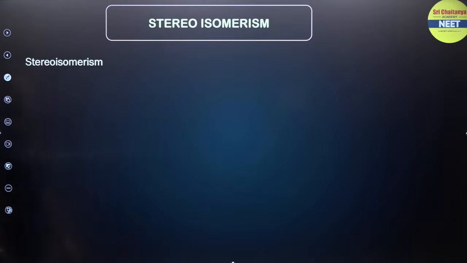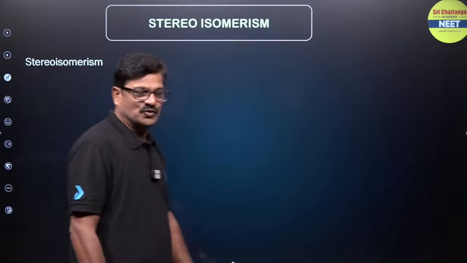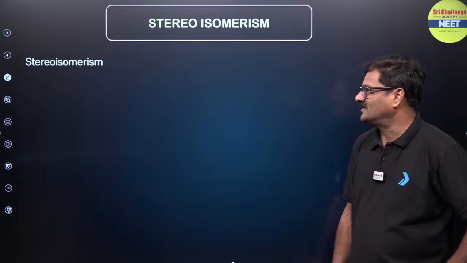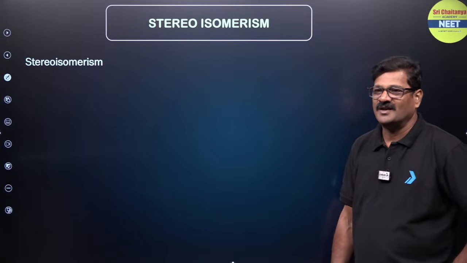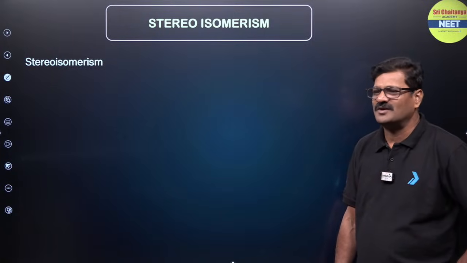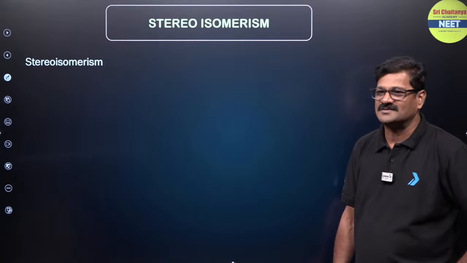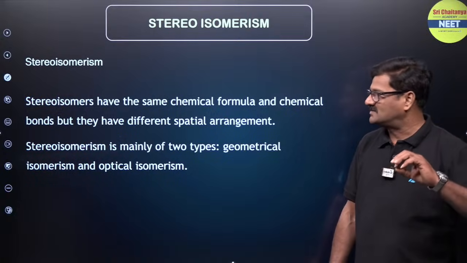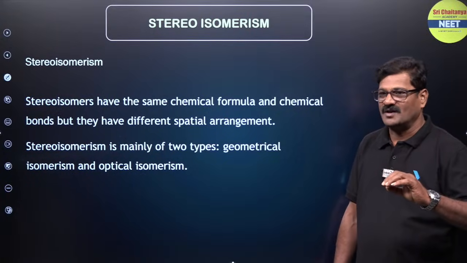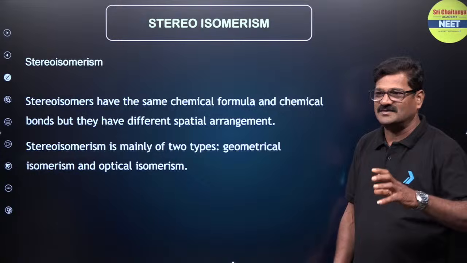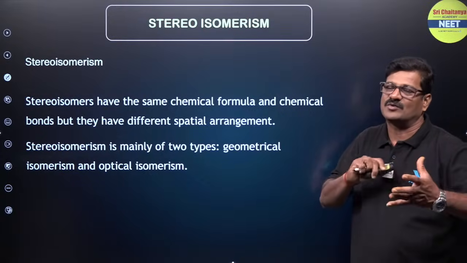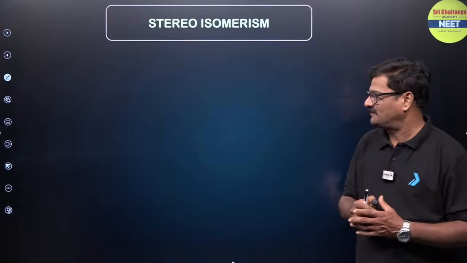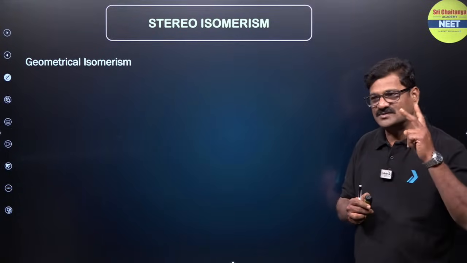Now moving ahead, stereoisomerism. It's super important and the most complicated thing in the students' minds. Children, if you have any doubt, say it quickly. Waiting for your doubts. So the stereoisomers have the same chemical formula, same structure also, but they differ in the way the ligands are attached to the central atom, and it has two versions.